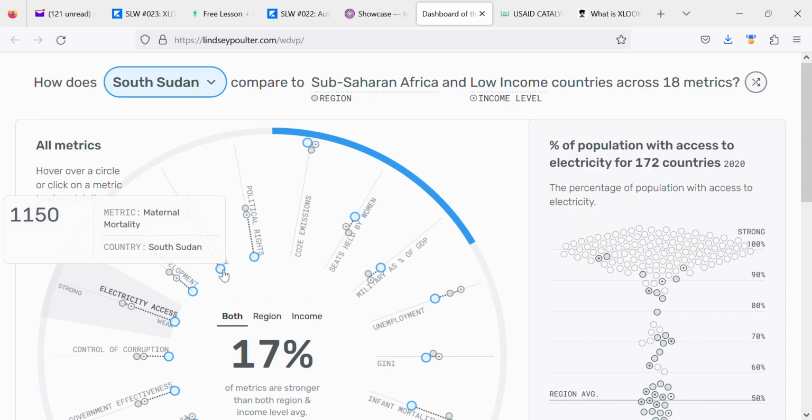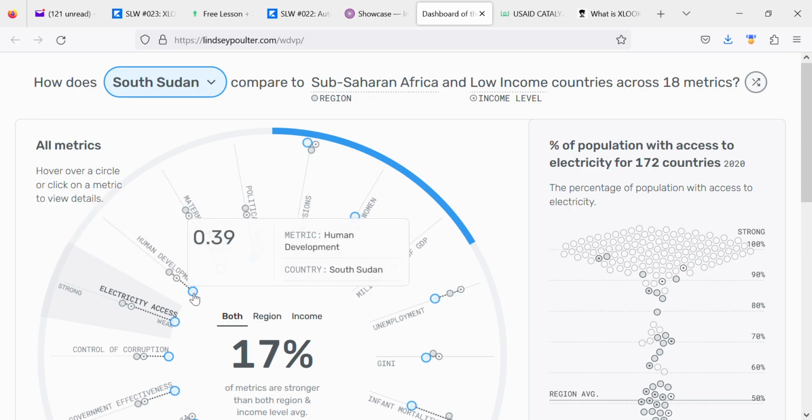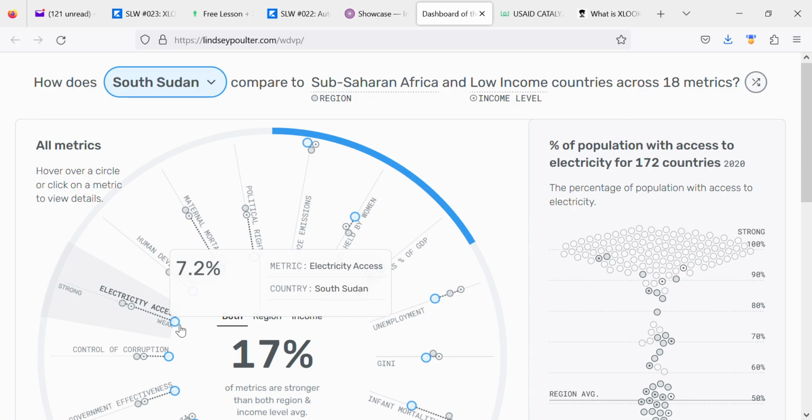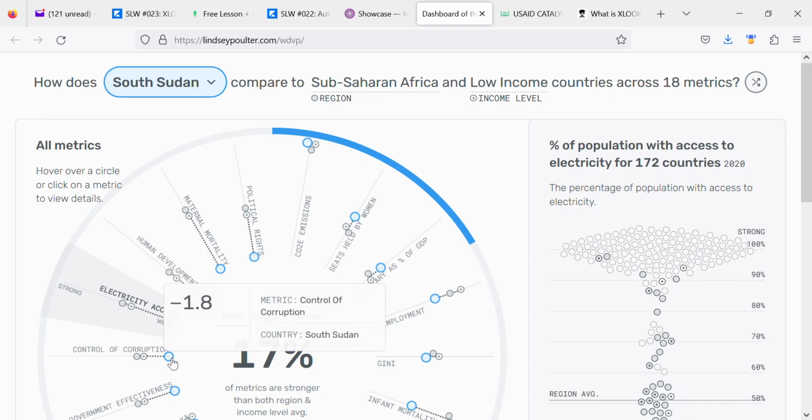It is 1,150, which is a very big number, and human development is 0.39, which should also be one of the priority areas, and access to electricity is only 7.2%, and control of corruption is -1.8. So those should be priority areas for South Sudan.